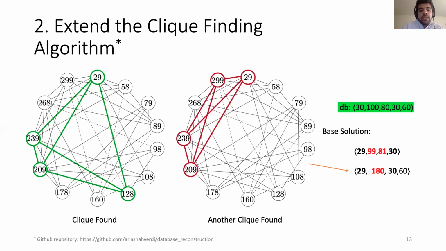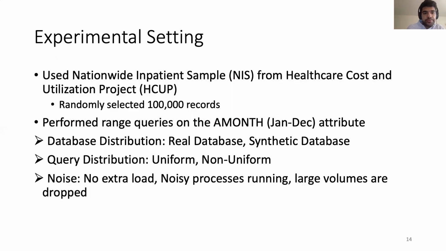You can see that the second and third elements in the first database are equal to the second element in the second database. That's what we call the match phase of our algorithm. Also, we can extend an extra element from the second solution, so we get some approximation of the actual database. You can find the code for this algorithm in our GitHub repo.